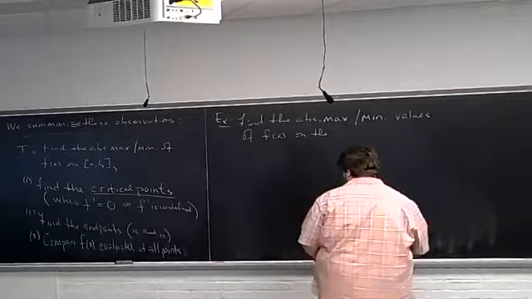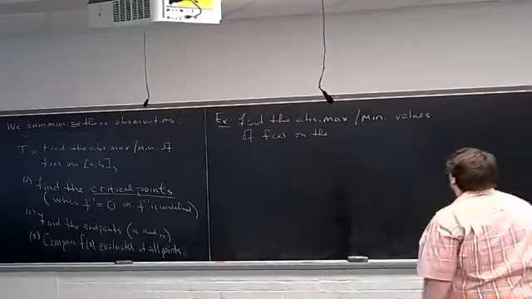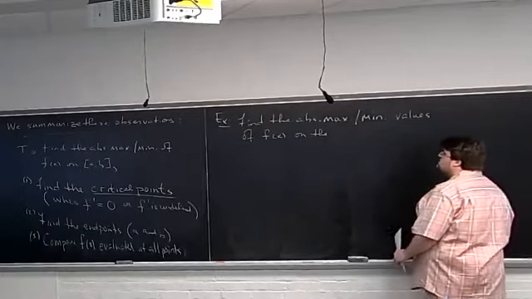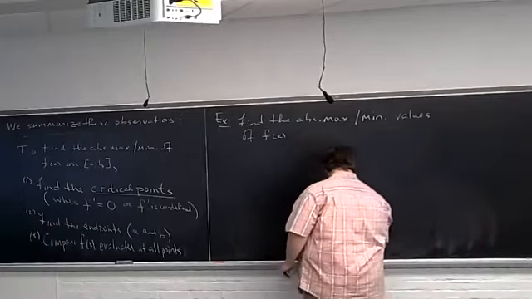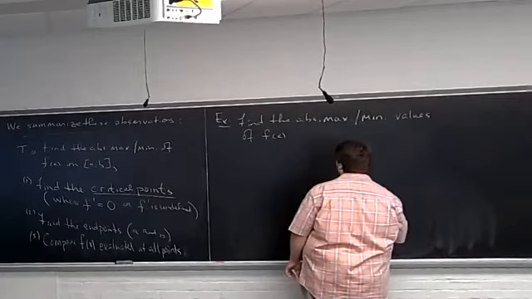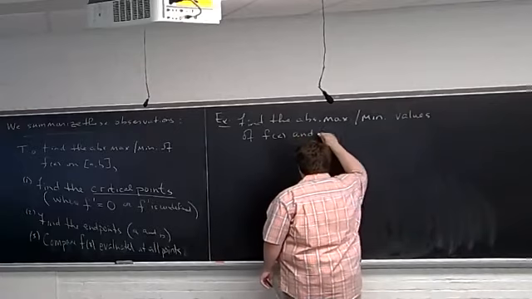Let's write it into a table. I should move this. Find the absolute maximum and absolute minimum values of f of x... too many prepositional phrases in this sentence. Actually, there's only one clause.